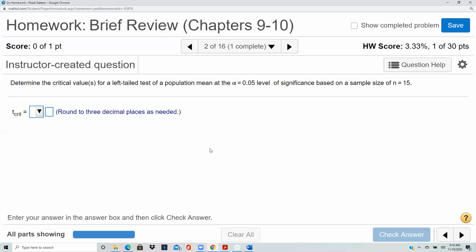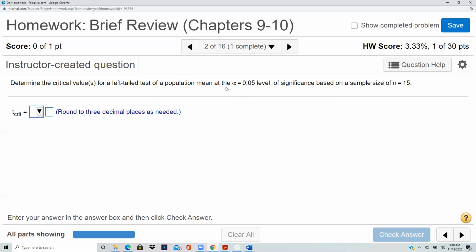Right. And I forget what that little symbol is called. Which little symbol? The alpha? Alpha. Yeah. That's the first letter of the Greek alphabet.